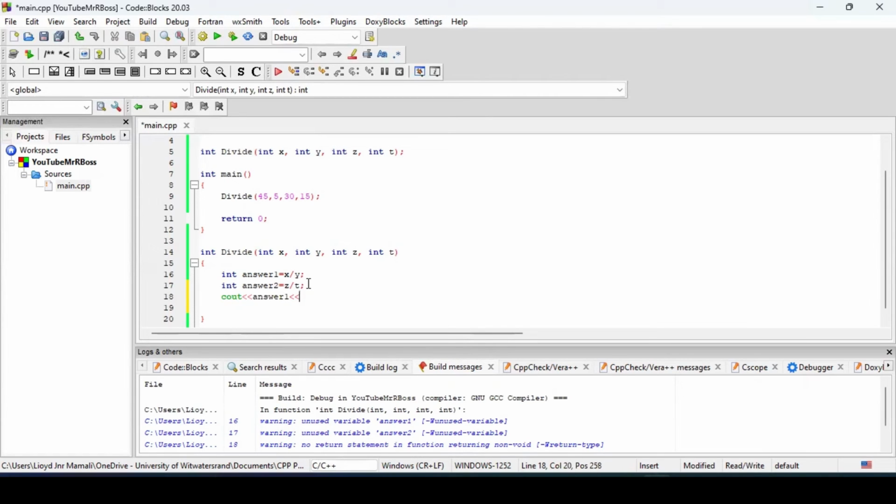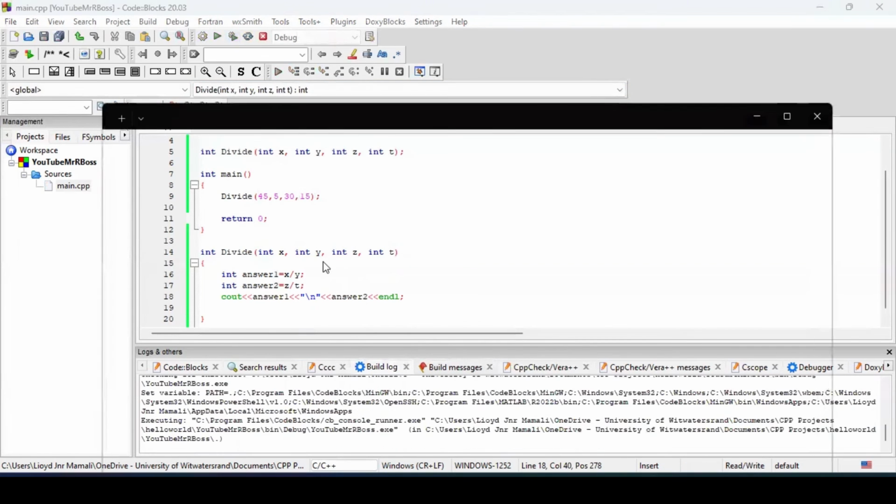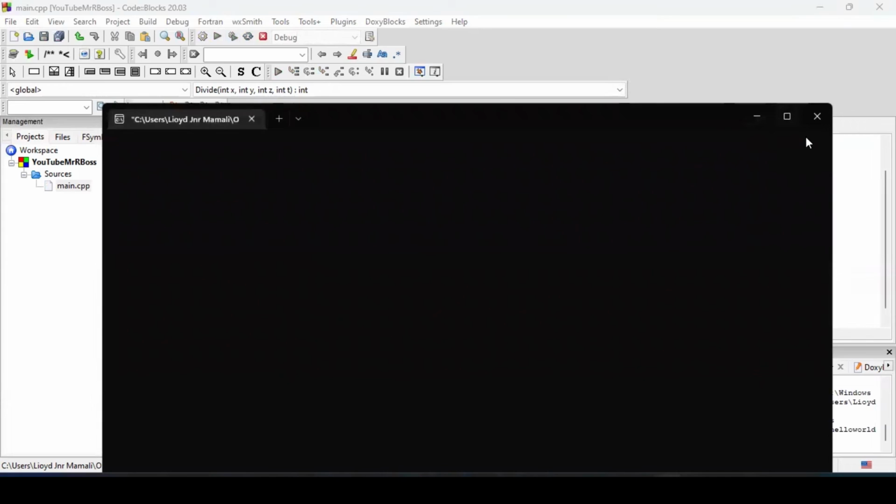Okay, let me just do this: cout answer 1, and open inverted commas, close inverted commas, and then let me say answer 2, and then endl. Okay, let's see what this is going to do. I believe it's going to output the answers.